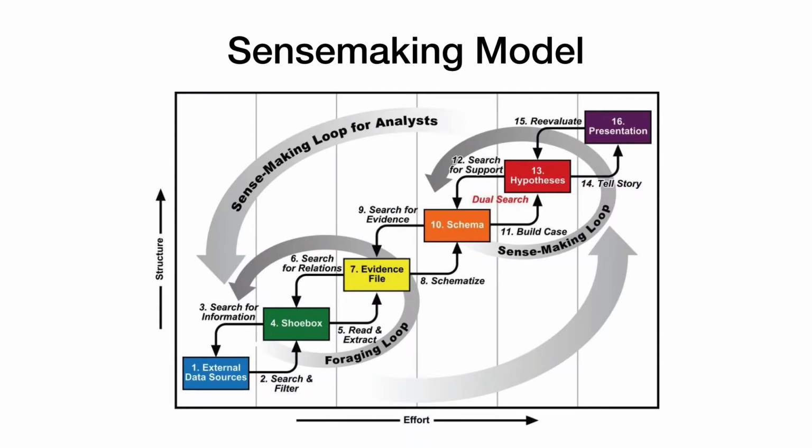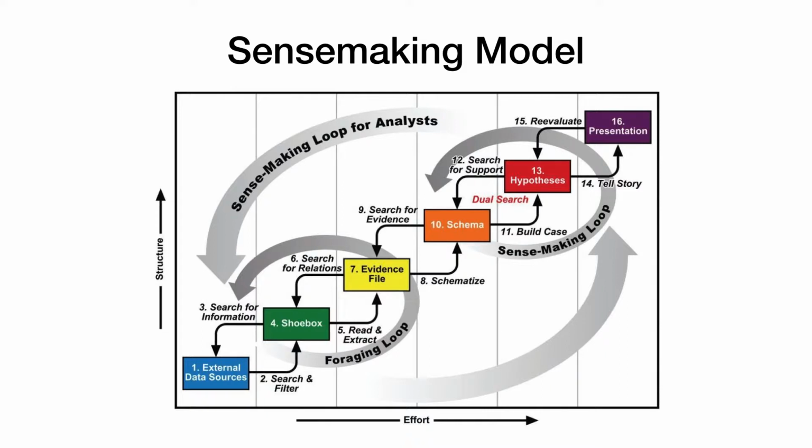So someone did a nice job on this, analyzing different sense-making tasks and abstracting out the essential steps in a sense-making process. And this is called the Sensemaking Model. In this particular model, you start from the bottom left corner, which says external resources.